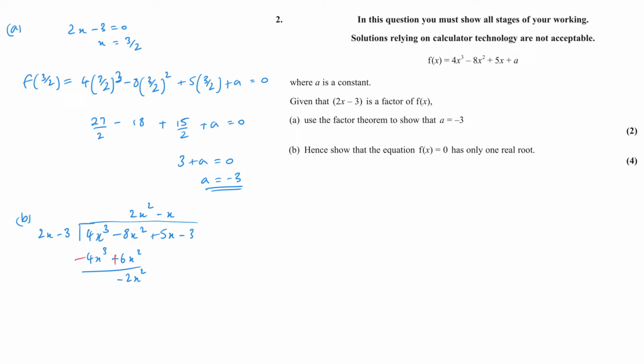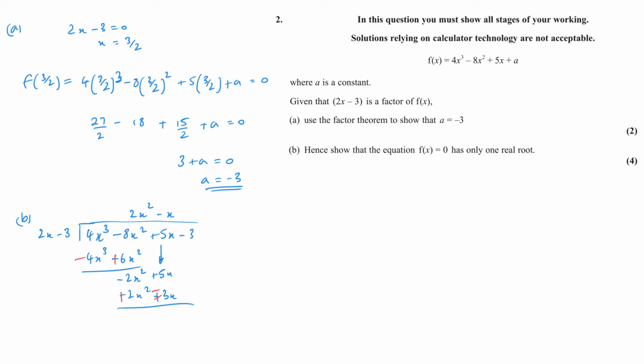So then multiplying back, so minus 2x squared and plus 3x. Bring our 5x down. And then we're taking away, or like I like to do, change the signs and add. Just find it easier that way. That was how I was taught, so it's kind of just stuck.